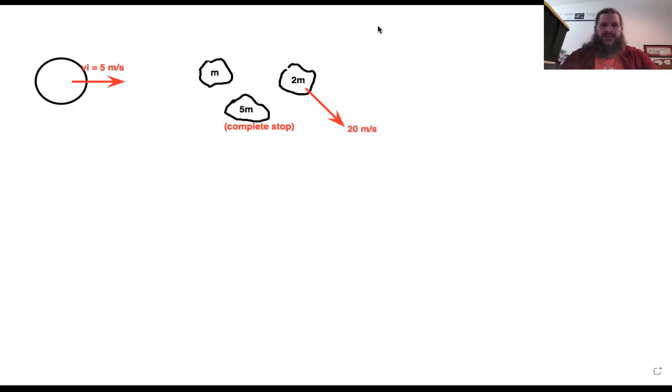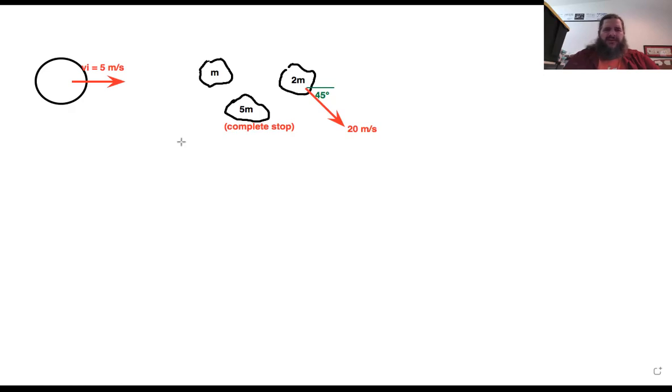So that's exactly a 45-degree angle, directly southeast. And let's say we don't know anything at all about the other one. We want to figure out which direction this other mass ends up going and how fast.